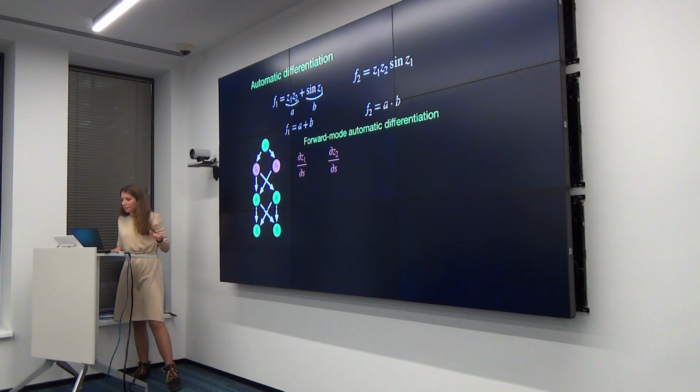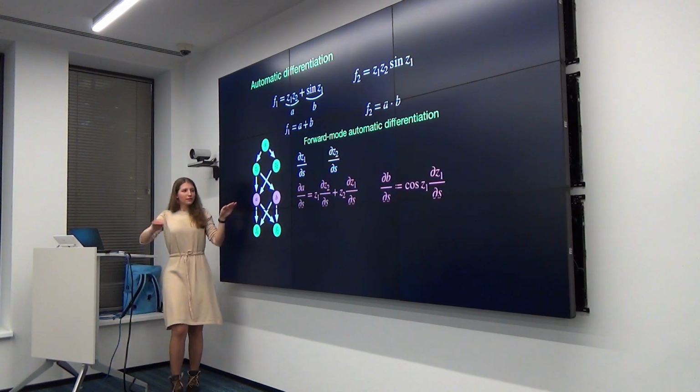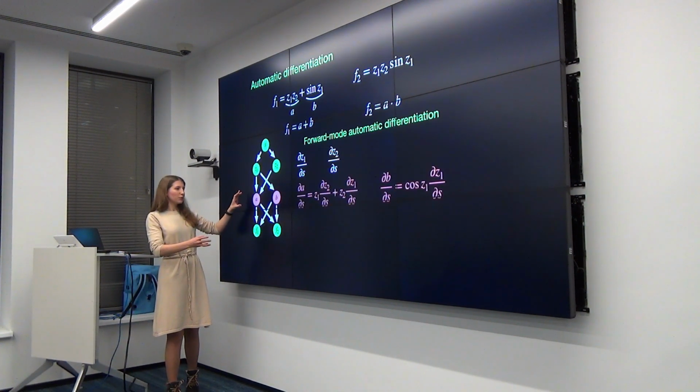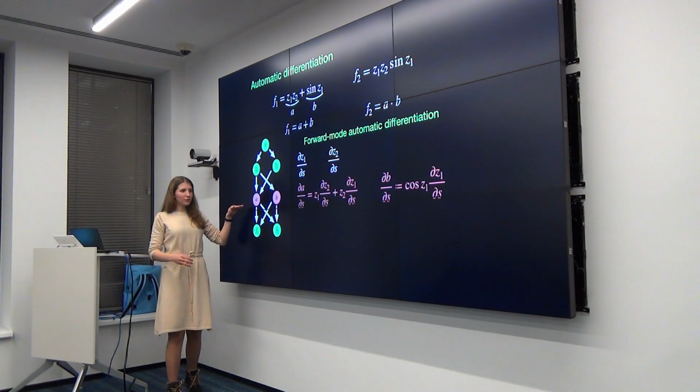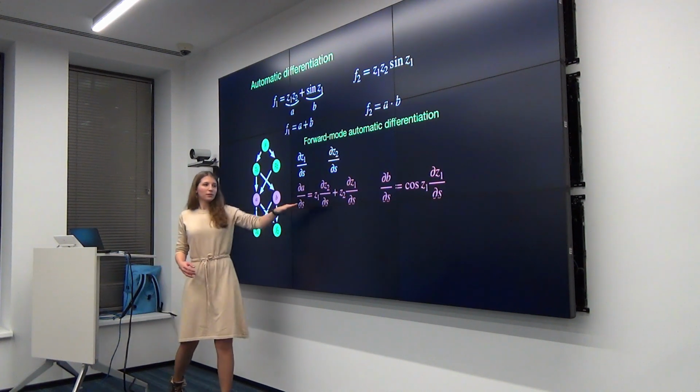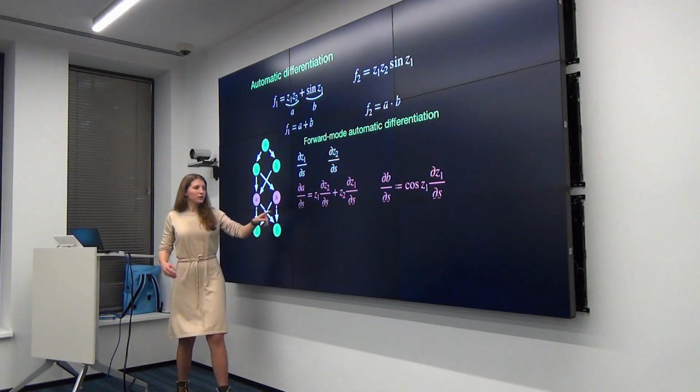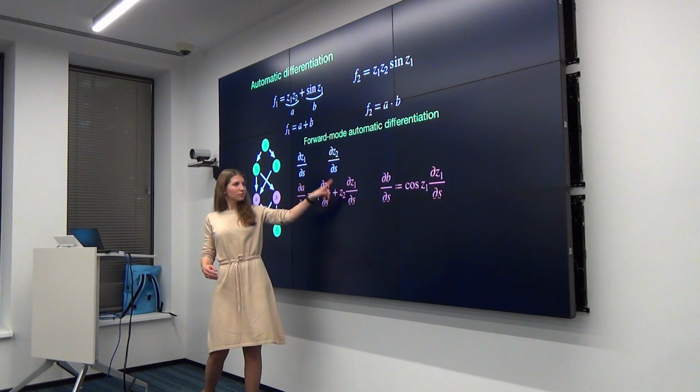After that, we know how to compute derivatives of our intermediate values a and b, and we do it using our input.